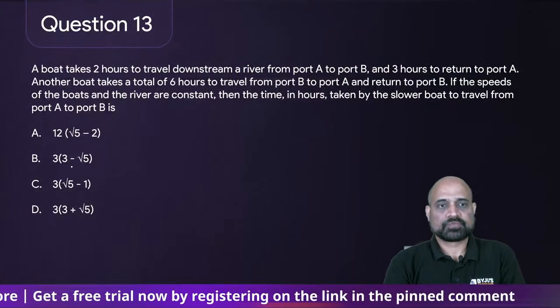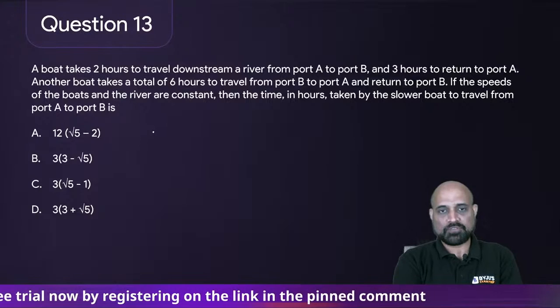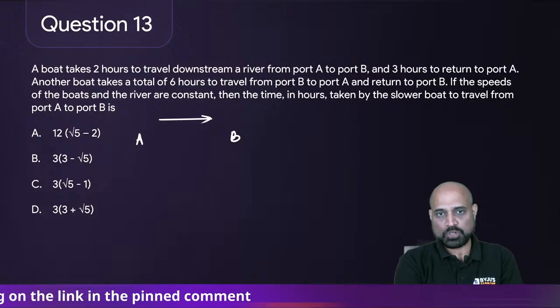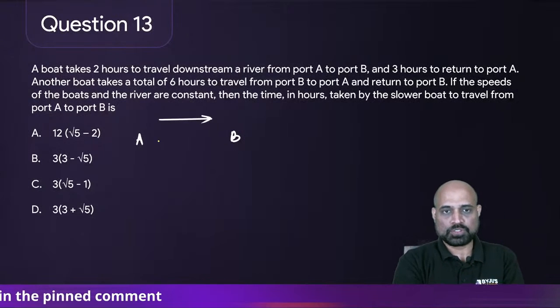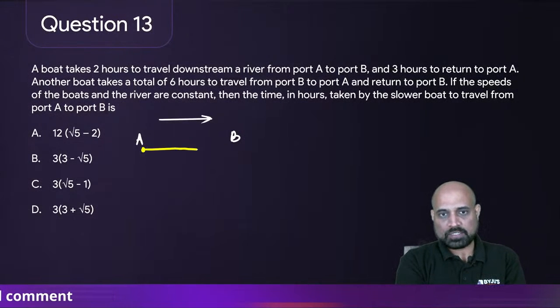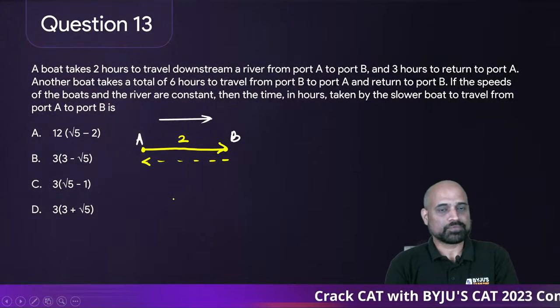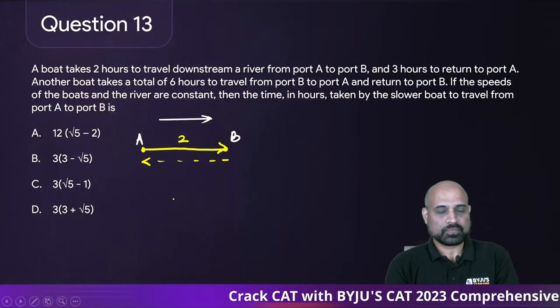Next, a boat takes 2 hours to travel downstream a river. So the river is in this direction, port A, port B, and then we have 2 boats. So a boat takes 2 hours to travel downstream and 3 hours to return to port A. Okay.